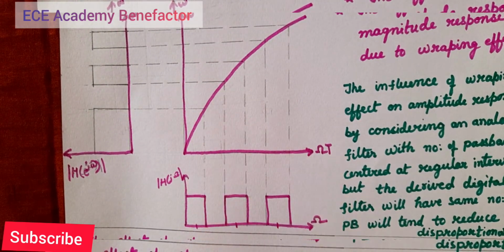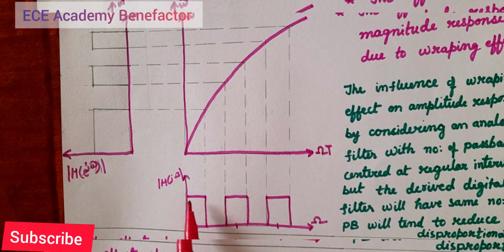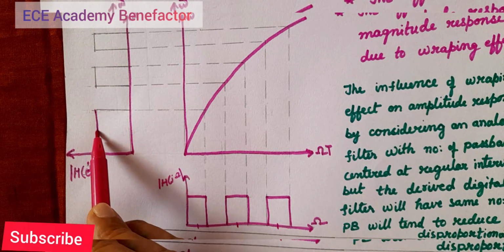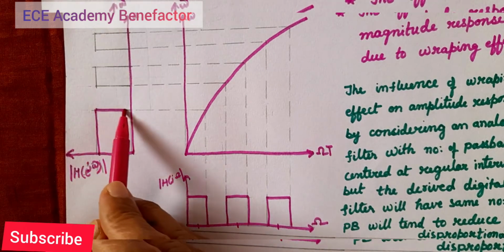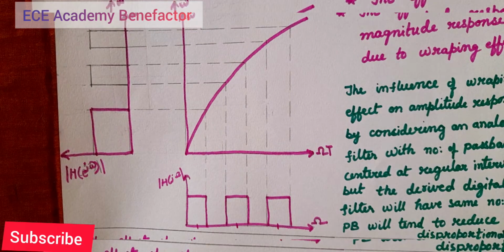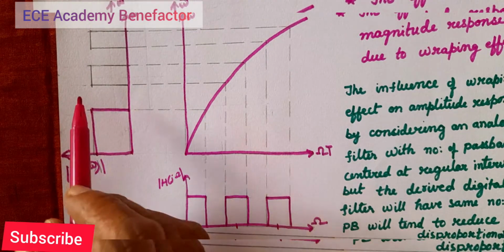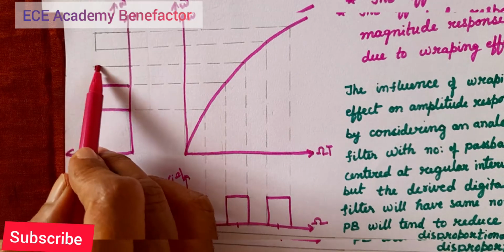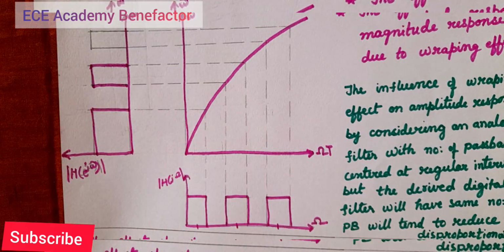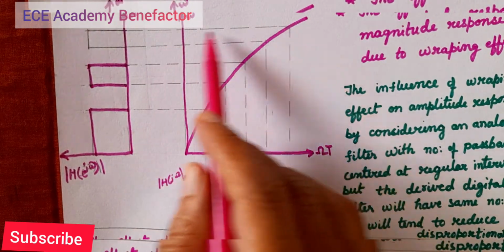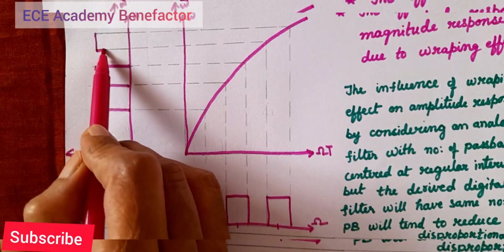If you carefully see, the first pass band is going to be plotted like this in the digital domain, and the second pass band is plotted like this, and the third pass band correspondingly plotted like this.